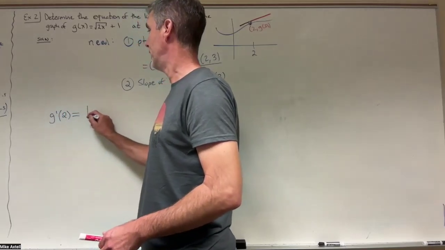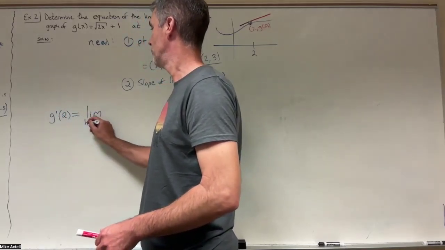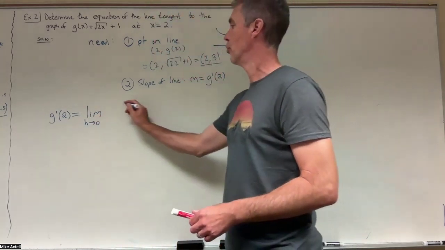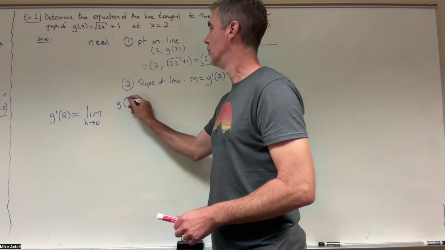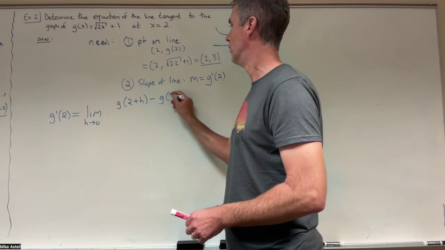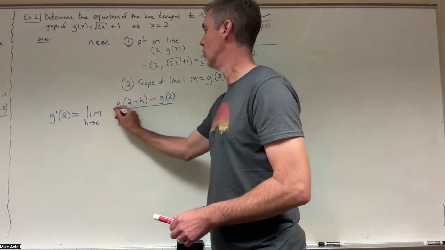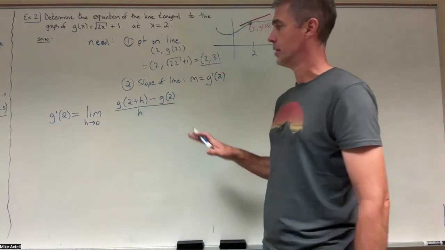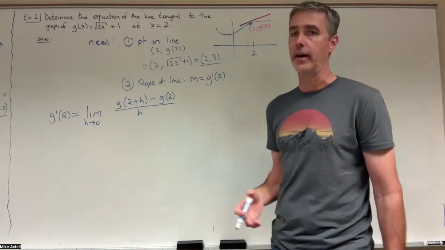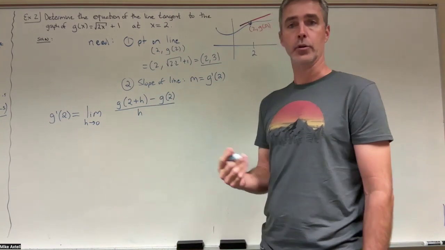And I'm going to use that limit involving h. My a value is 2, so I'm going to do g of 2 plus h minus g of 2 all over h. So there is my limit definition of my derivative with g instead of f, and a is being played by the number 2.